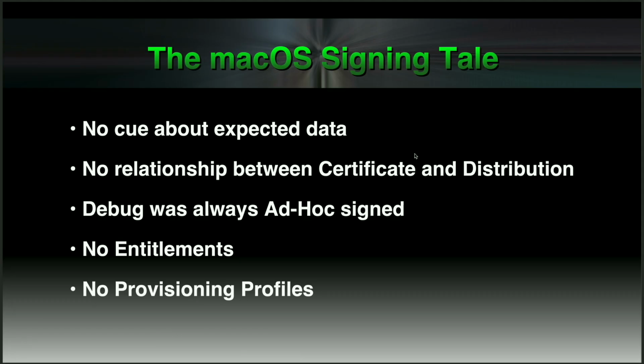When the app was debugged from the IDE, it was always ad hoc signed, which meant they did not have the same experience debugging the app as when the app was finally installed on the user's computer, especially if they needed to use entitlements, provisioning profiles, or even sandboxing, because the container restricts access to folders, while on debugging, you can access any folder you want.